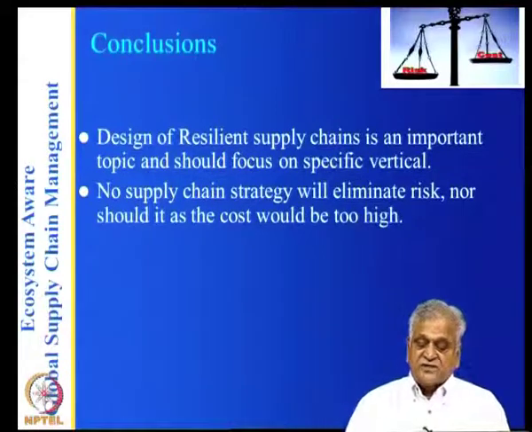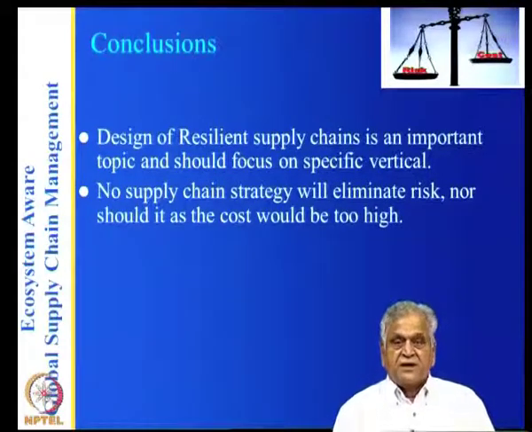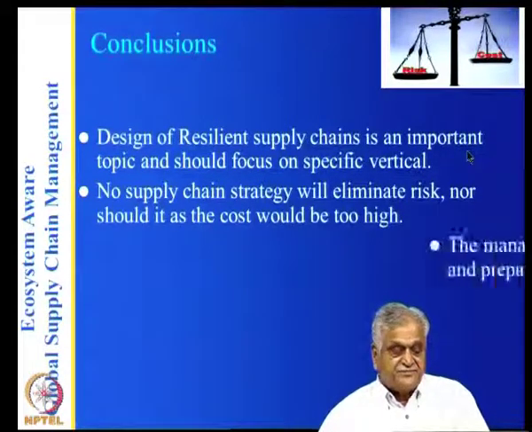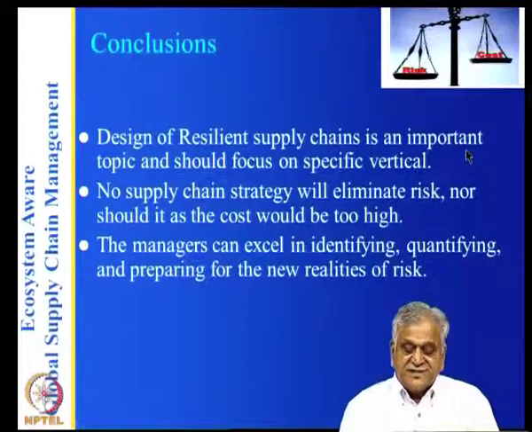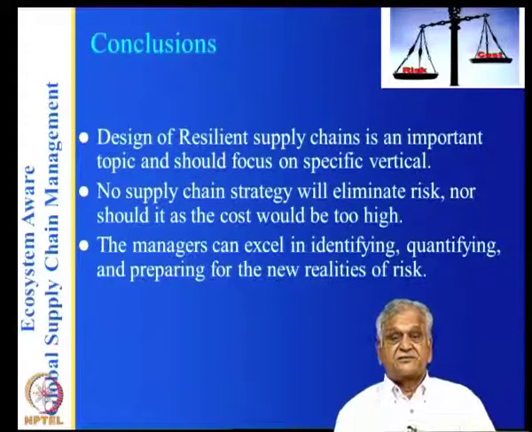No supply chain strategy will eliminate risk, nor should it, because the cost would be too high. This is like saying that humans should not get a disease. Well, you cannot make a human not get a disease. Managers can excel in identifying, quantifying, and preparing for the new realities of risk.